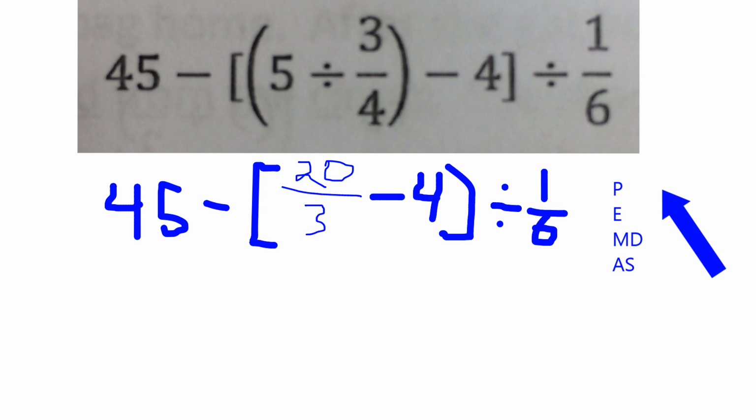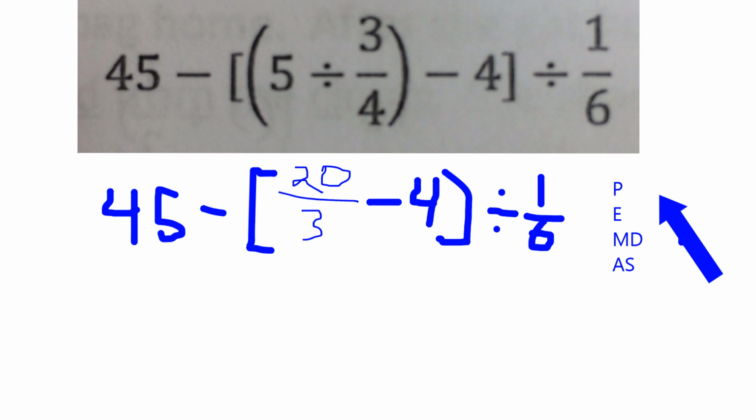Now in this step we still need to follow the order of operations, and as we can see, we still have PEMDAS here. So we have to do the parentheses. Inside the parentheses we have 20/3 minus 4.